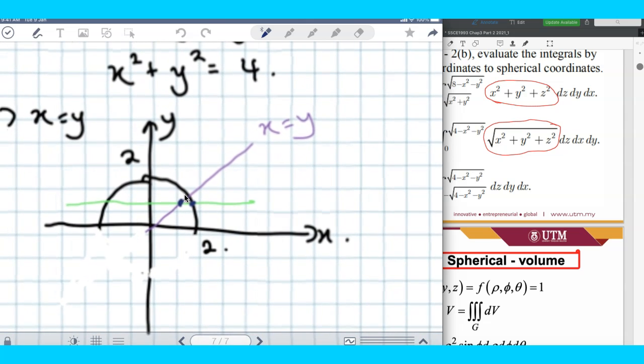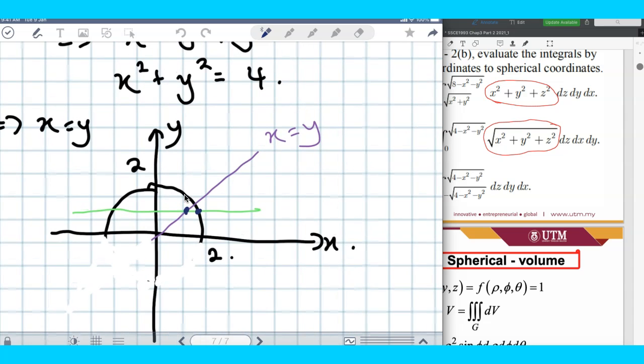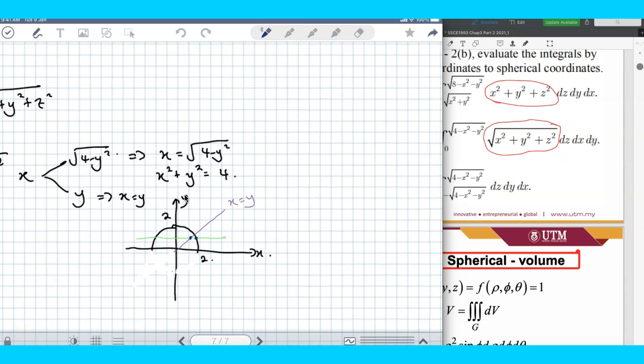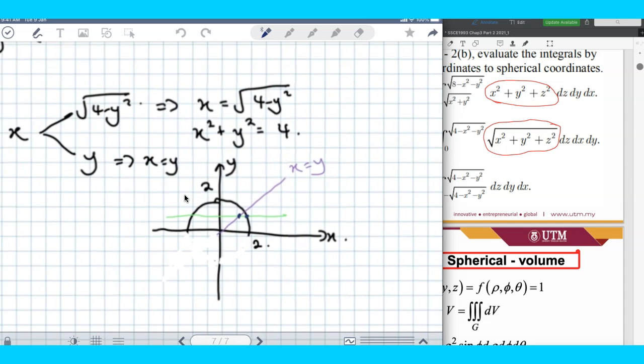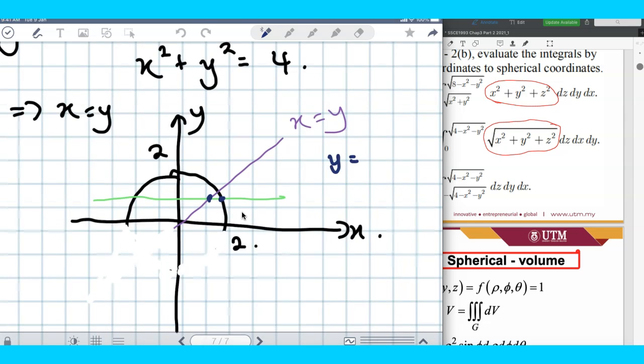Okay, so meaning that where is the set to? So actually it looks like, maybe we can find out. When they say that the highest y is set to, so when y is square root 2, then x is also square root 2.